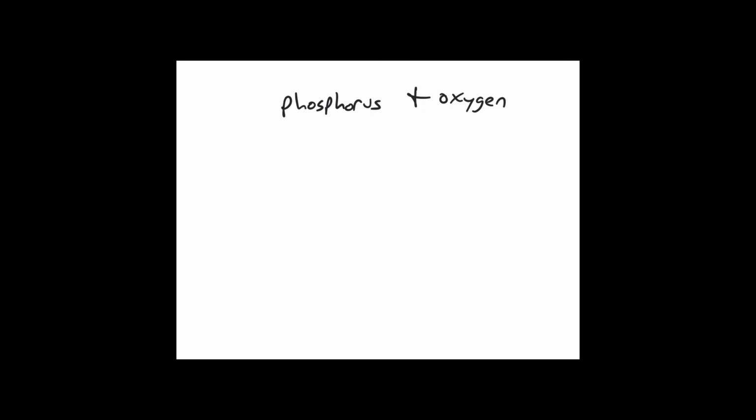Okay, so if my covalent compound is made of phosphorus and oxygen, and I want to name this, well, first of all, you can't figure out what the subscripts are just based on the elements. So what I would do is I'm going to give you a formula, and you're going to come up with a name or vice versa. So in this formula, I'm going to say P3O2.